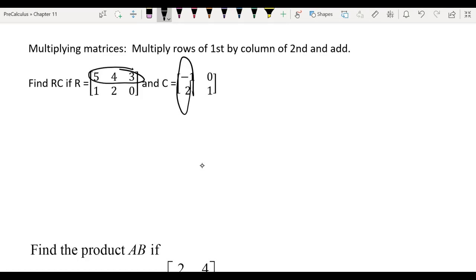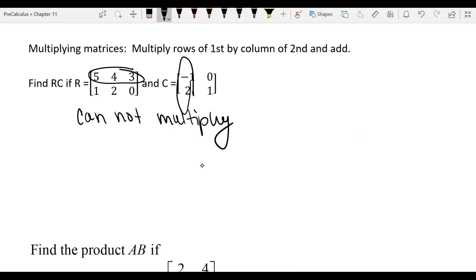You cannot multiply if the size of the row is not the same as the size of the column. So actually, these two you cannot multiply. Okay? Questions on that? You cannot multiply these two in the order that they are.